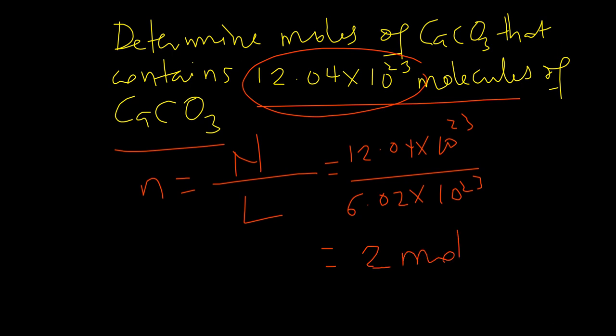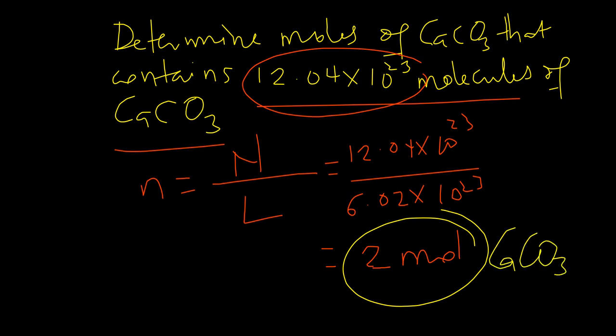So the answer is 2 moles. Remember, you were asked to determine the moles of calcium carbonate that contains this quantity, 12.04 times 10 exponent 23 molecules of calcium carbonate. So it will be 2 moles of the calcium carbonate. Very simple.